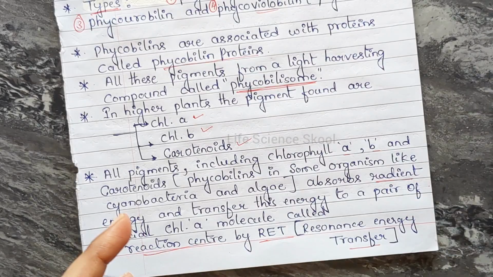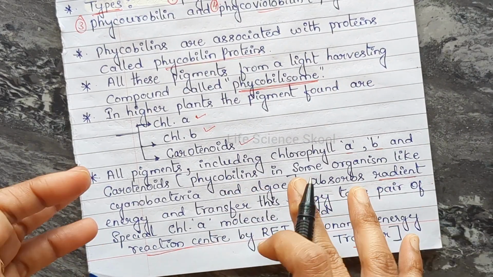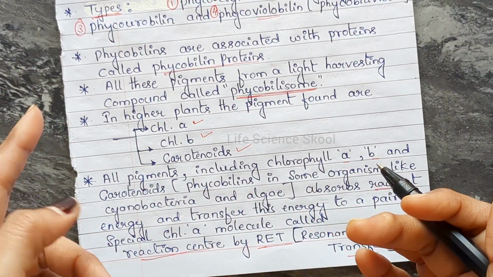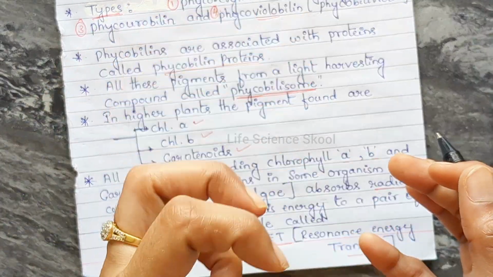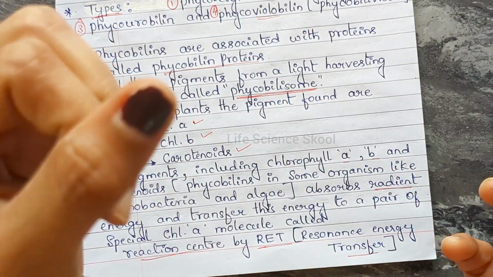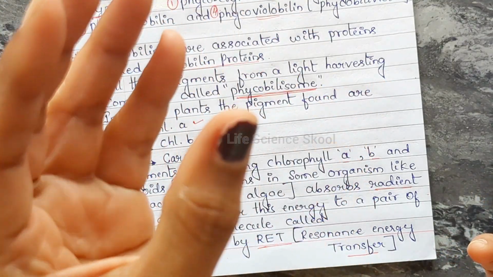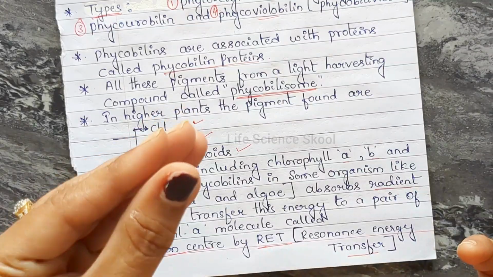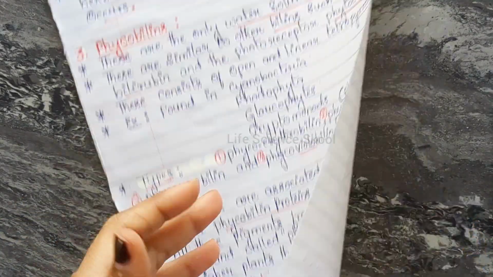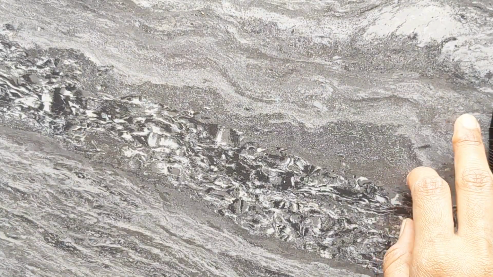So what is the function of all these pigments? Whether it is chlorophyll A, chlorophyll B, carotenoids or phycobilins, all of these absorb the radiant energy, that is sunlight, and transfer this energy to a special molecule called the reaction center by resonance energy transfer. That's about the phycobilins. That's about the photosynthetic pigments.